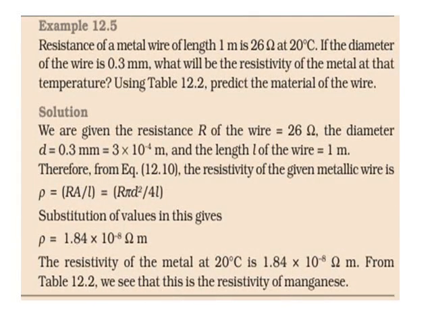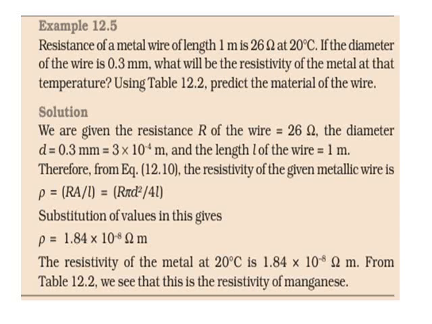Children, now let us move on to solving the numericals. I have taken up example 12.5 from your textbook, which is based on resistivity. To find resistivity, that is the Greek letter rho, rho has the formula RA by L. All this you have to remember. Let us see the question.